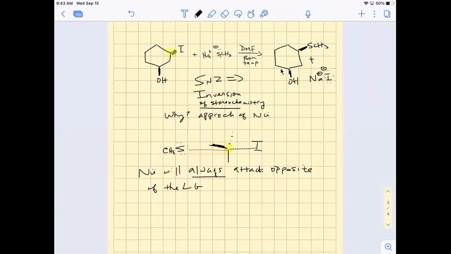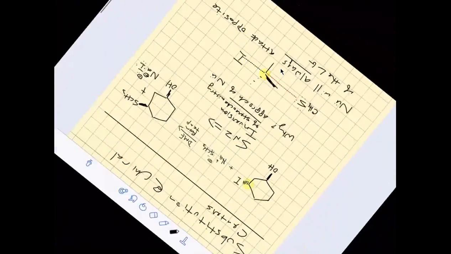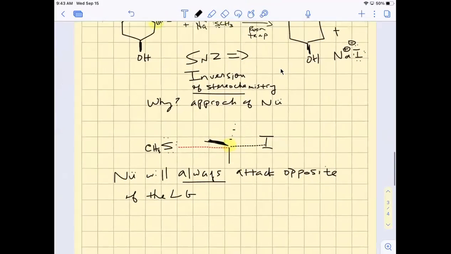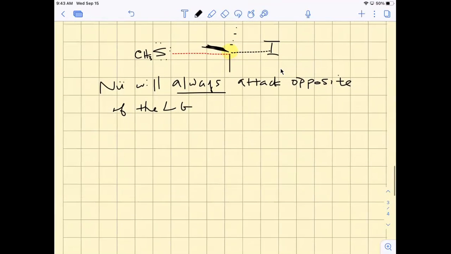All right, so if it's SN2, you're always going to see inversion. If it's SN1, which can also happen, you're going to see racemization.